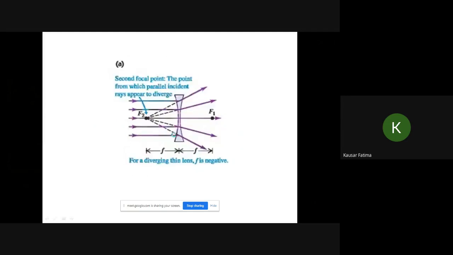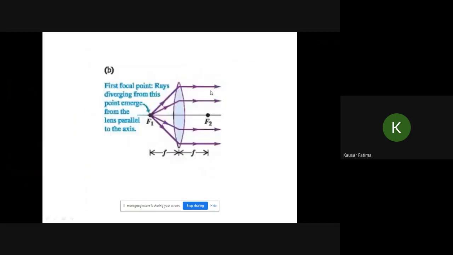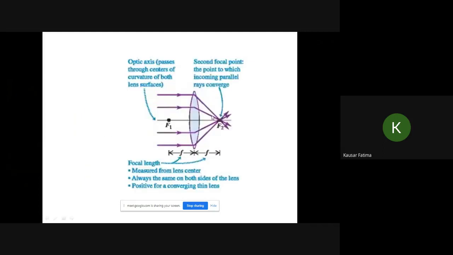For the converging lens, the parallel rays get focused here. It means the screen is placed at this position. The rays are coming from the distant object, so they are parallel and they will all focus at this point. If the screen is here, the image of that object will be formed on the screen. This will be an inverted and diminished image.